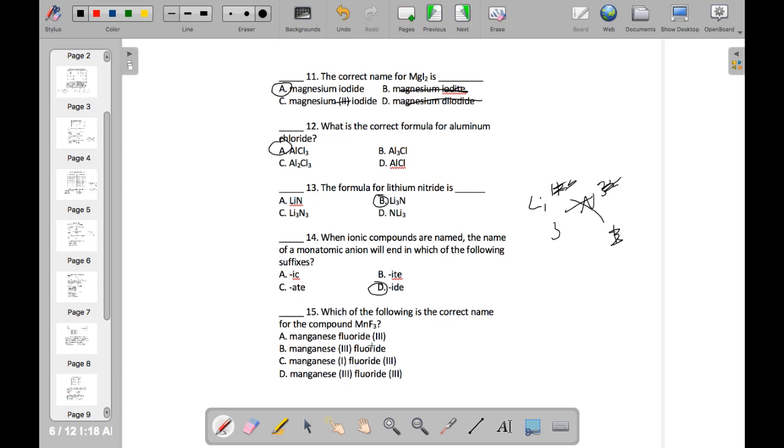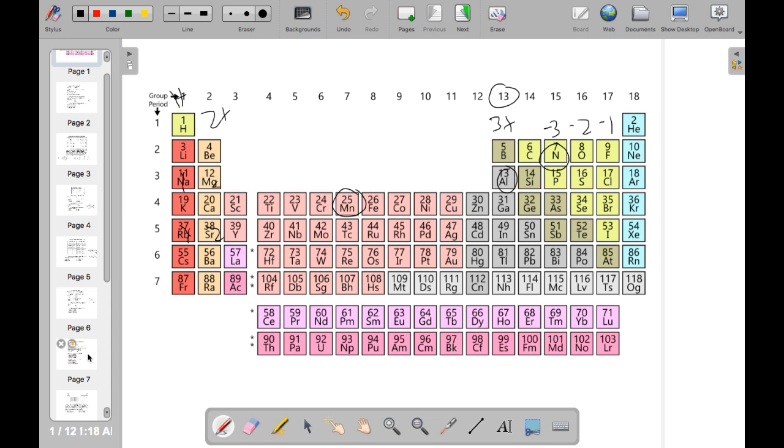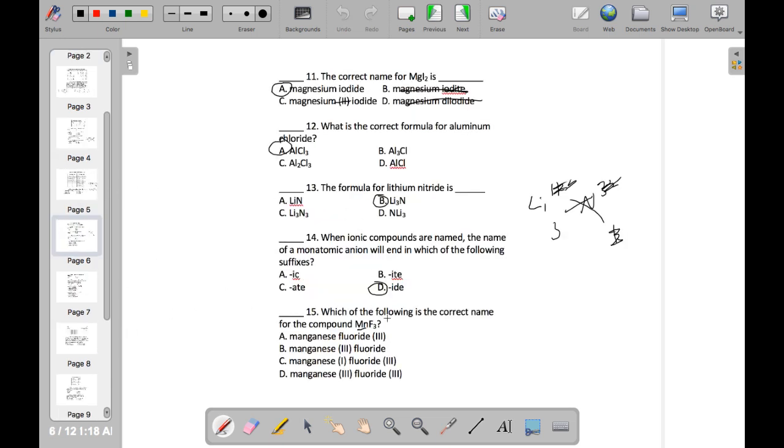Which of the following is the correct name for the compound MnF3? Well, Mn is manganese, and that's our only choice. If we look at the table, manganese is actually a transition metal, so it could use a Roman numeral. And I keep going to the wrong page.